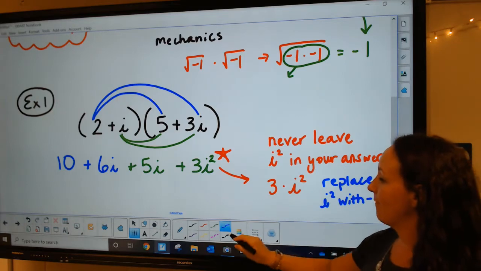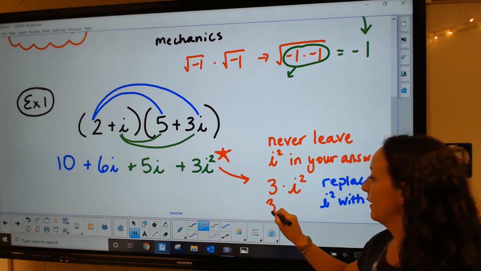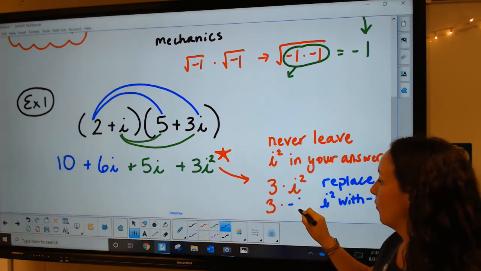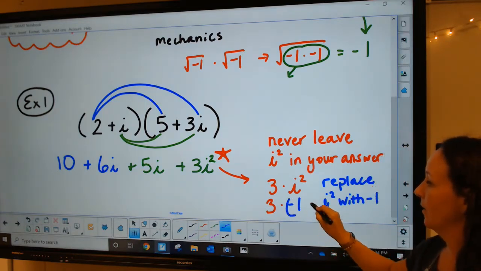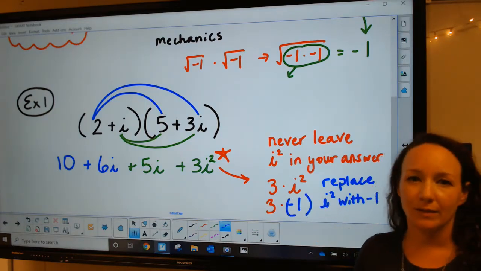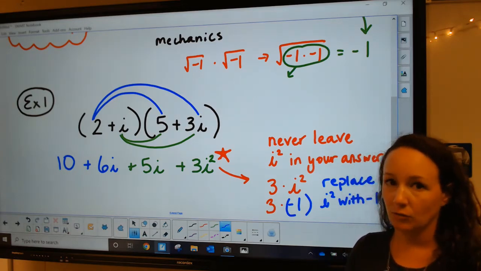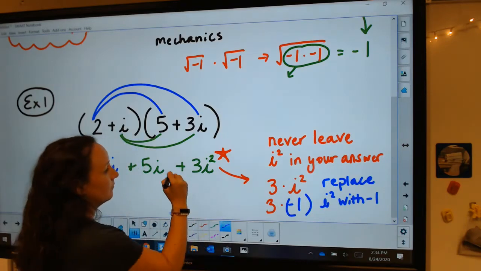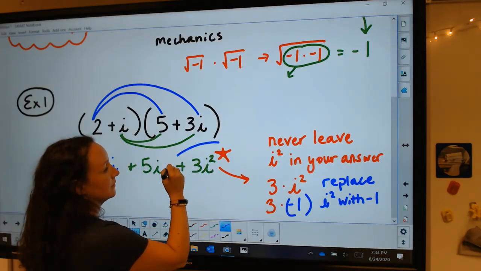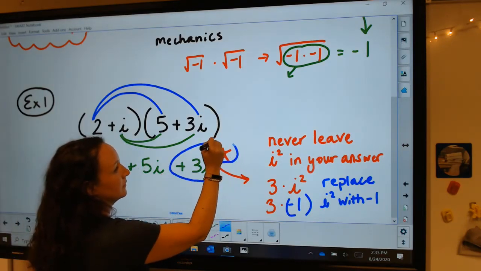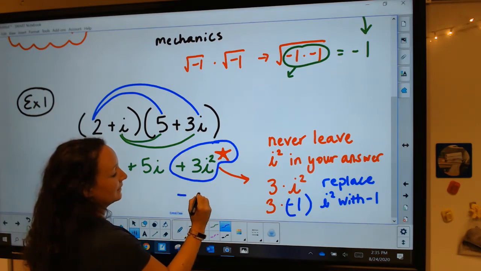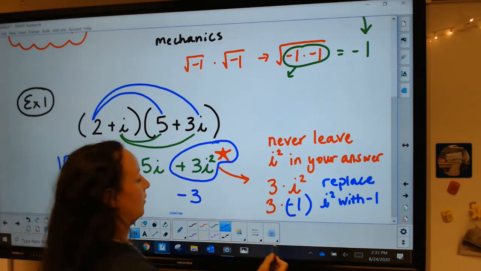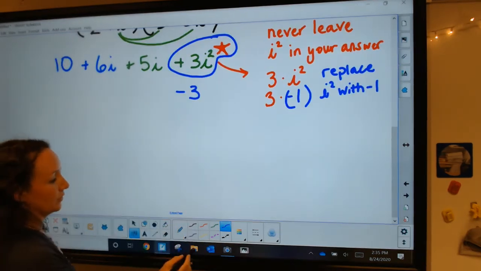So really I have 3 times -1. You might want to put that in parentheses so you don't think that you're subtracting there. It's 3 times a -1. So this right here becomes -3.